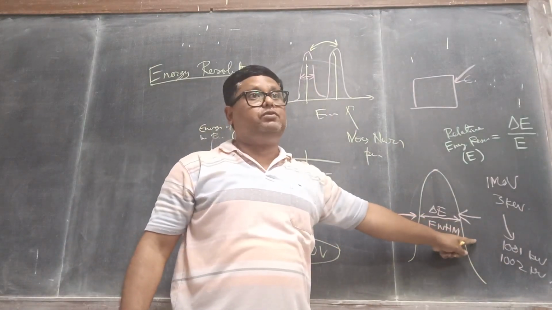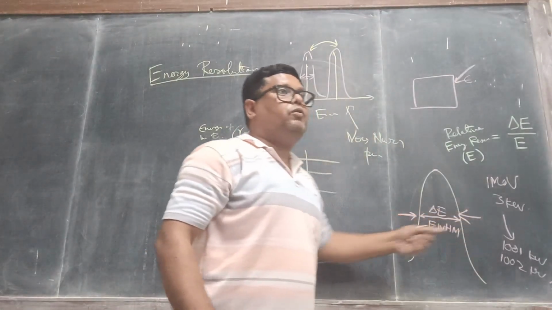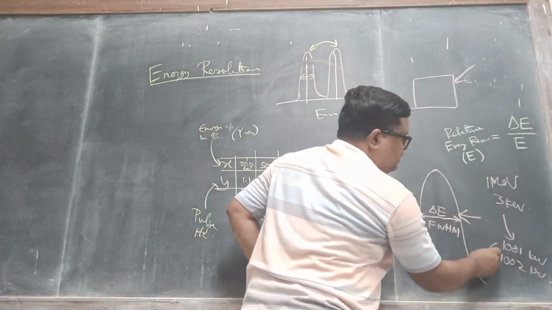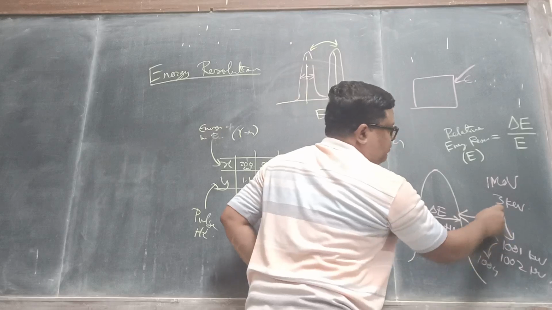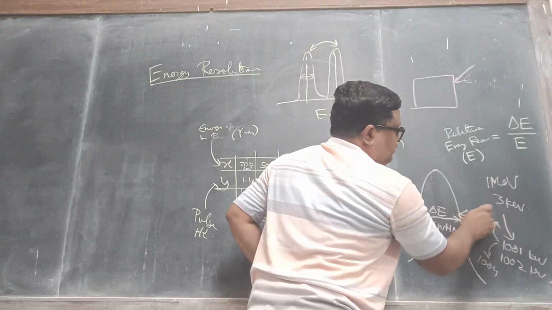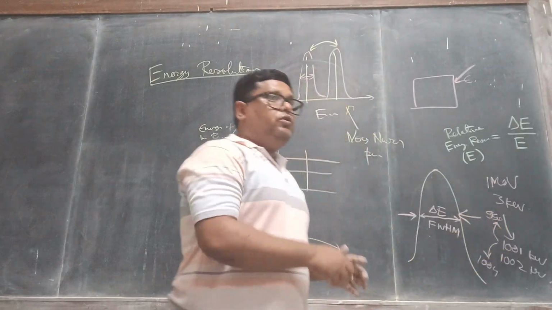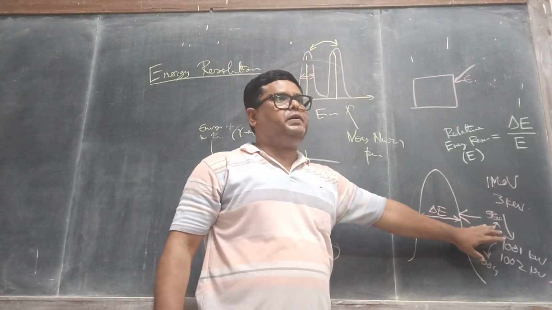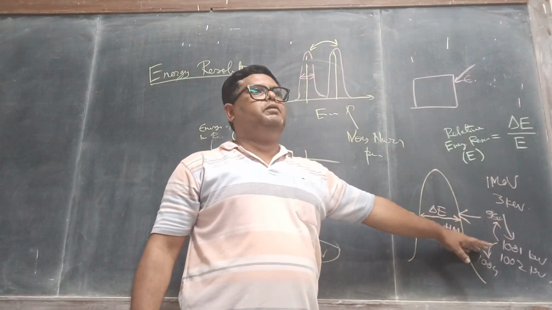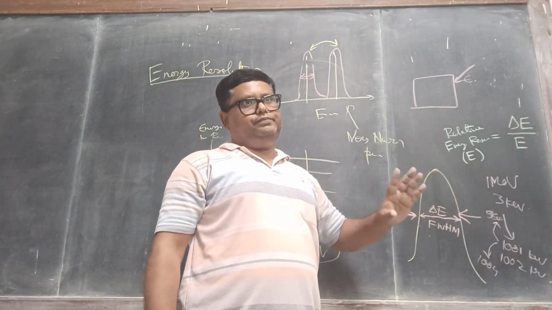This is the meaning, students. Why? Because 1001 plus or minus 3. 1001 plus 3 is 1004 and minus 3 is 998. So within this range, if there is anything, you expect that it will not be able to resolve. I am just giving an approximate number.